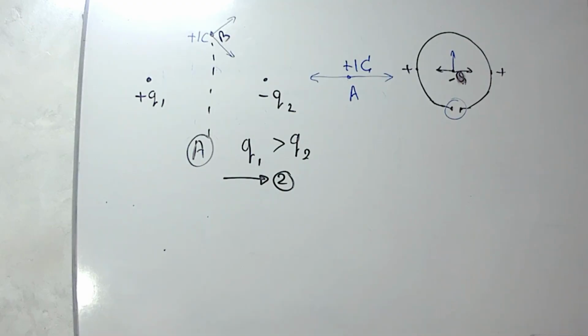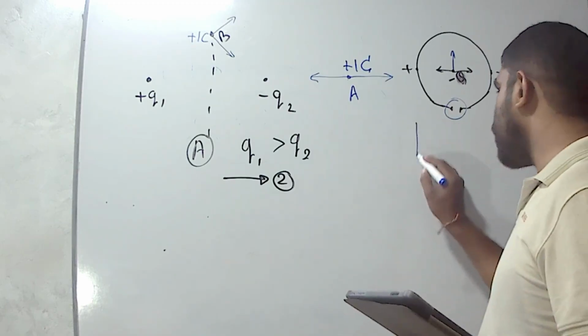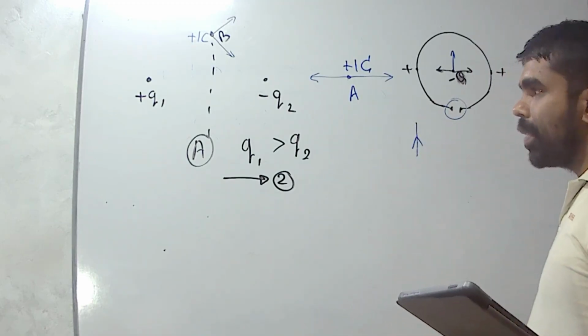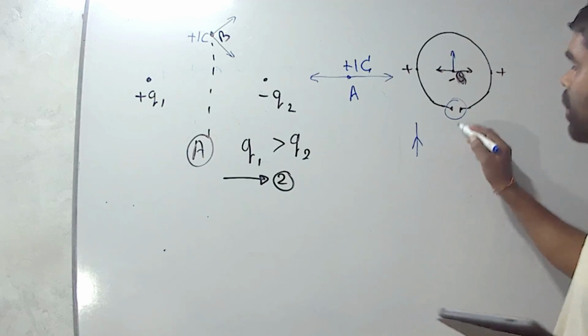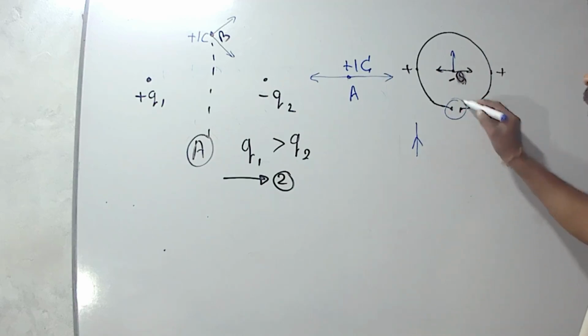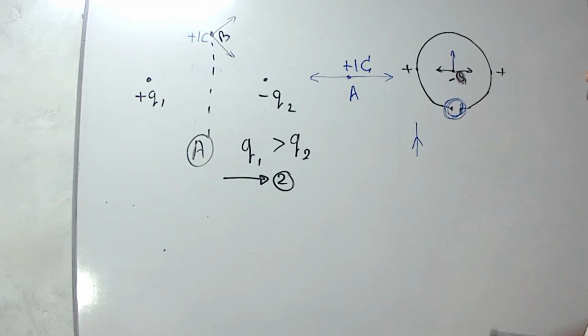Therefore, the resultant force should be in upward direction and the resultant force should be equal to the force given by this removed charge part, and it should be opposite.